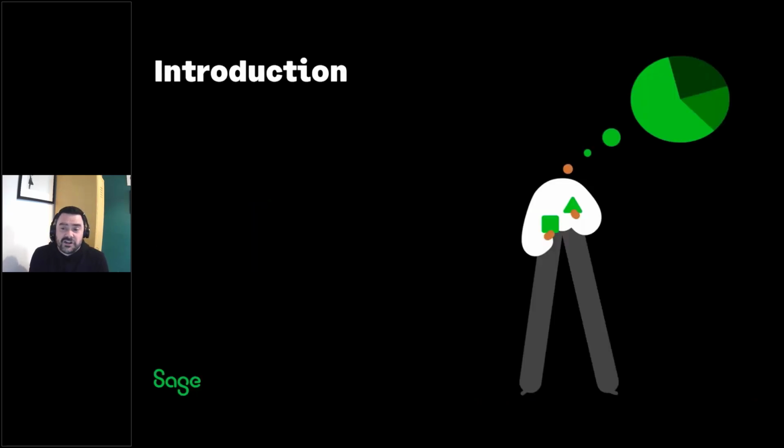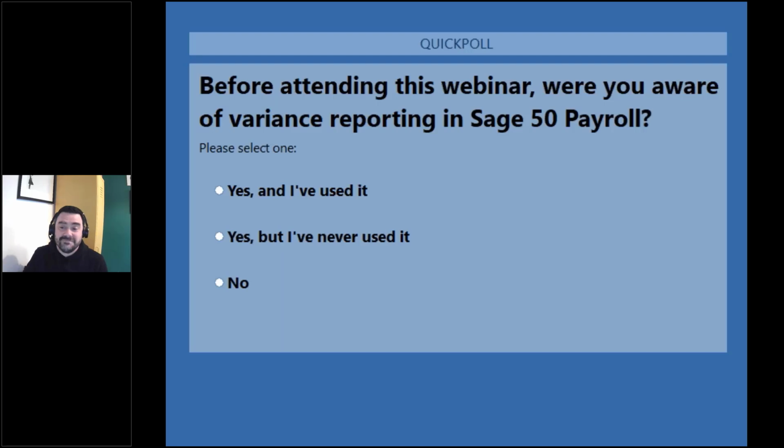Now, before we get into the introduction, I thought we'd have a bit of audience participation, and I've got a polling question just to start things off. So I'm going to launch that onto screen now. The question I'd like you to answer is, before attending this webinar, were you aware of the variance reporting feature? I've given you three possible answers. Yes, and you've used the feature before. Yes, but you haven't used it, so you've heard of it but not used it.